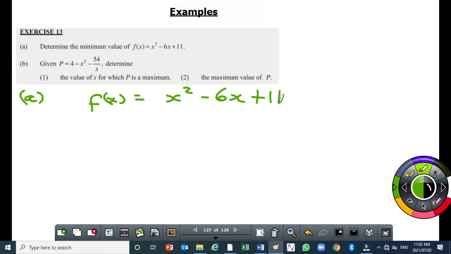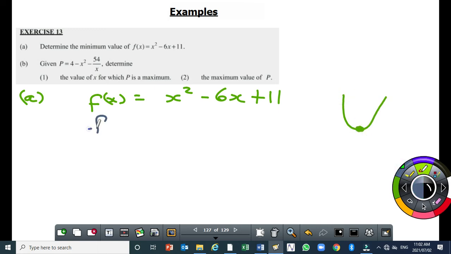For it to have a minimum value, it means that must be the turning point, the minimum turning point. So at the minimum turning point, the gradient is what? The gradient is 0 here.